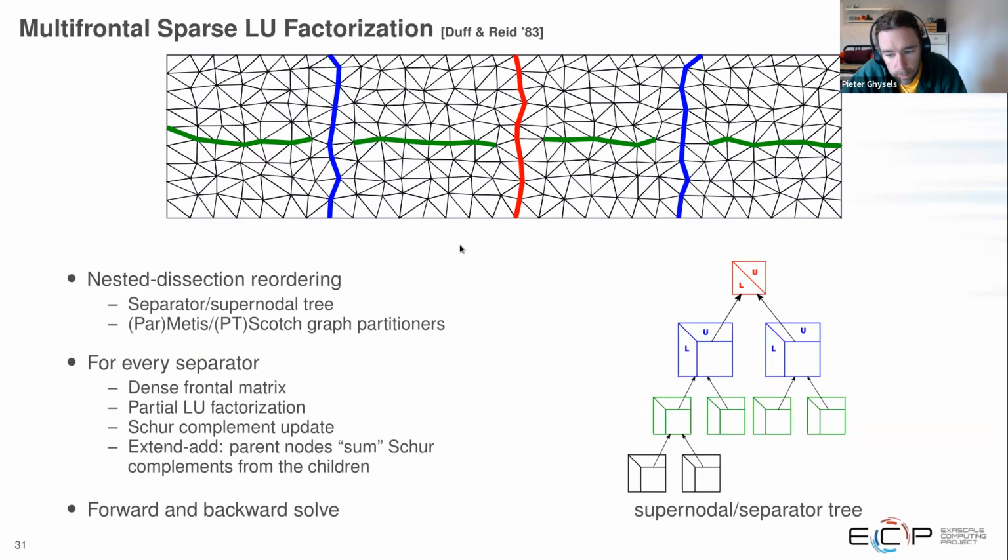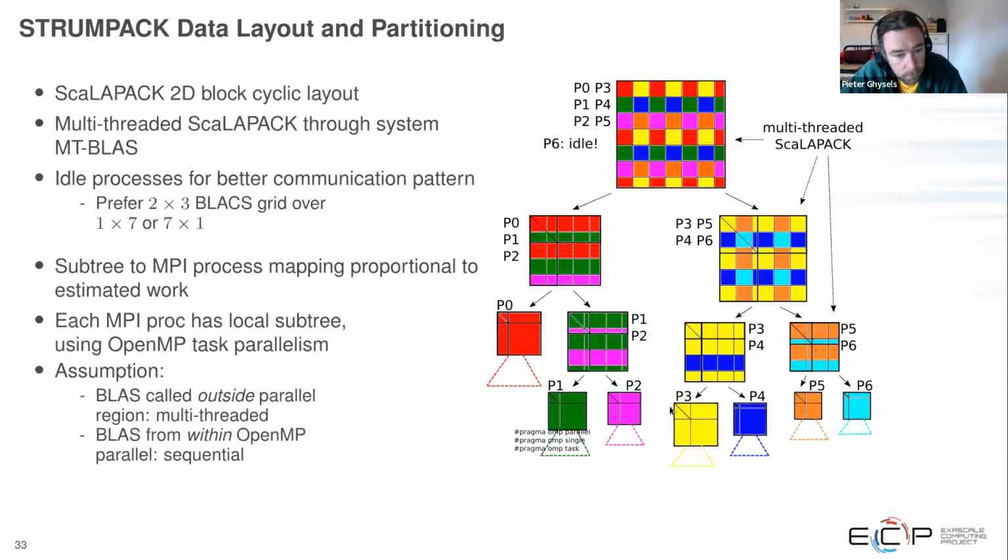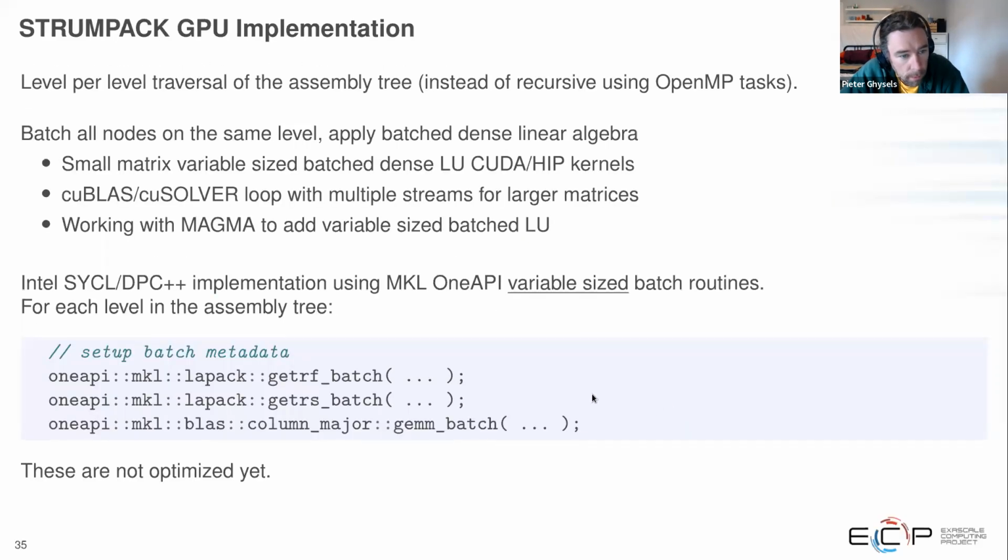For instance, here we can do the dense LU factorization for each of these green matrices with a single batched LU call. The problem is that there are no variable-sized batched LU algorithms available yet. We're working with the MAGMA team to add such a routine.